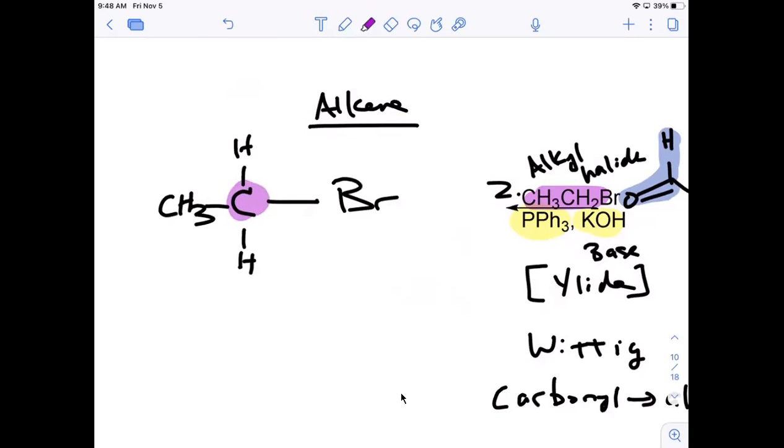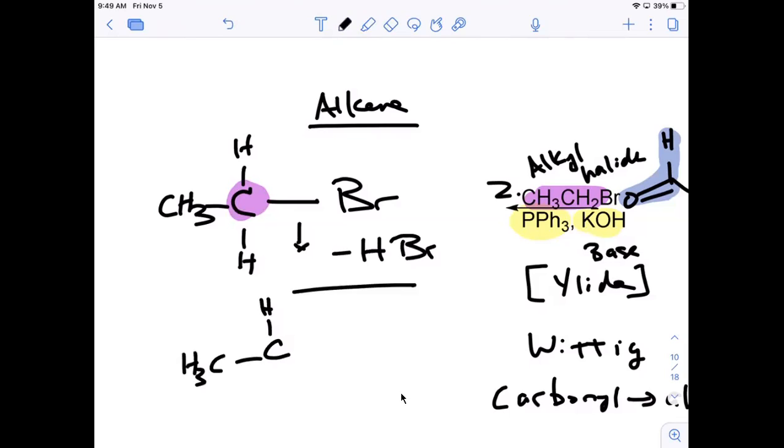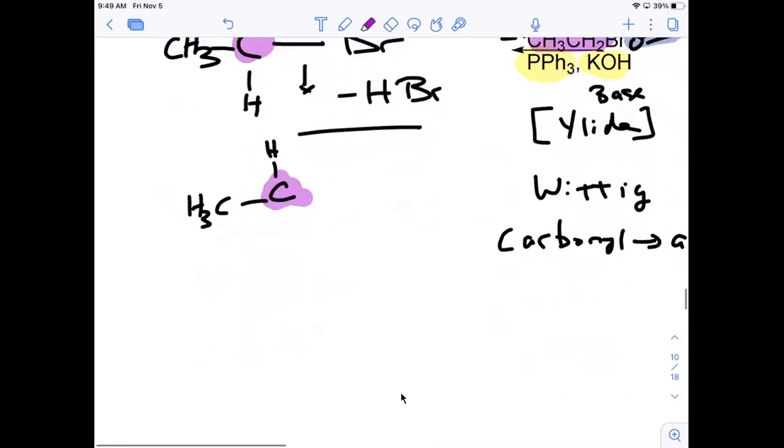And I said that if you subtract it out, in a rudimentary sense, you can't do this in real life, but just a way to think about it, if I take out an HBr, I'm going to be left with CH3, right? And that carbon is the carbon that's going to be in my alkene.